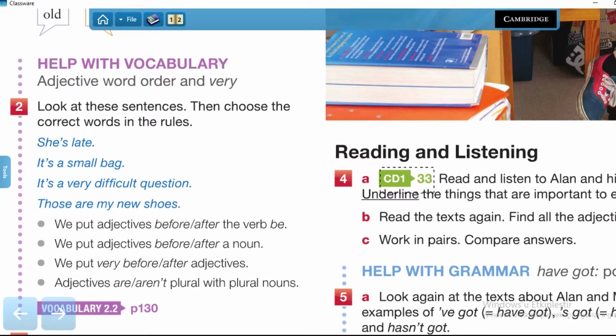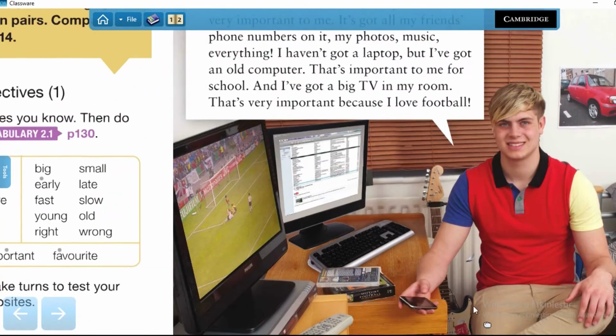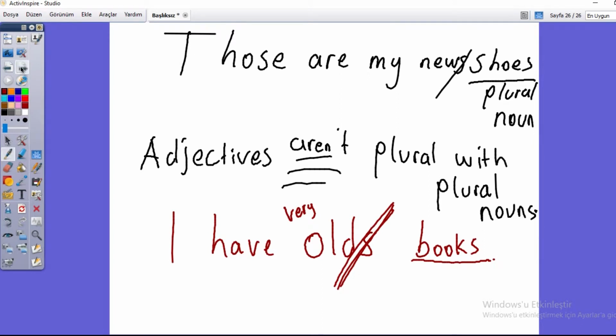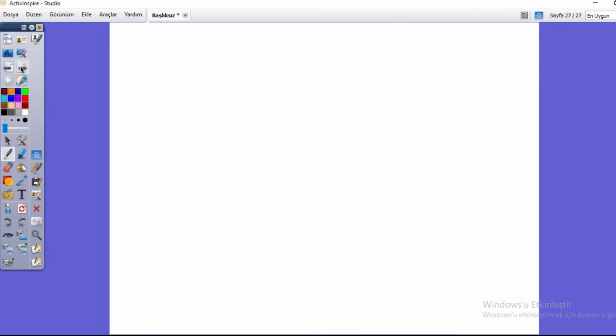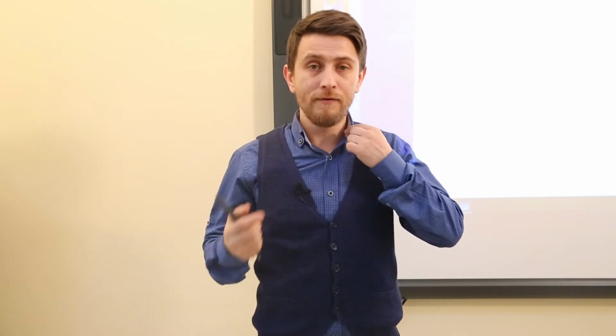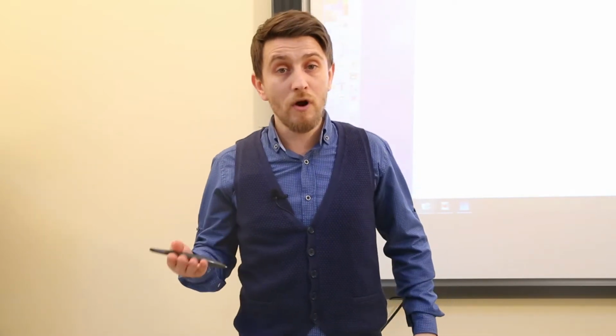Now the grammatical point here is have got: positive forms, negative forms, questions, and short answers. There we go. We use have got when we talk about objects we have, like the things we have. For example, I have a blue shirt, or I have nice trousers.